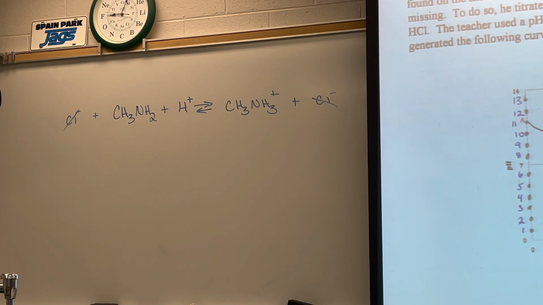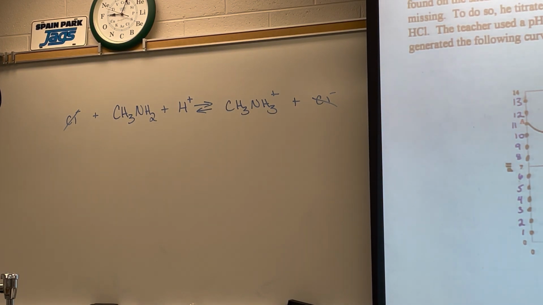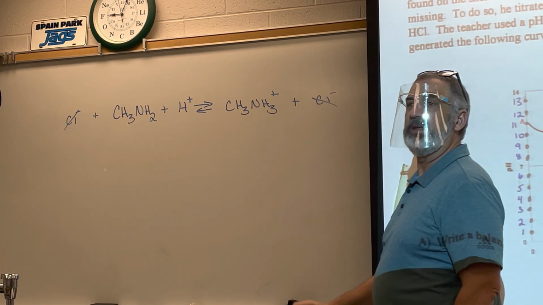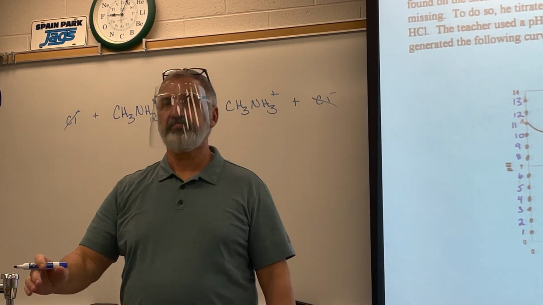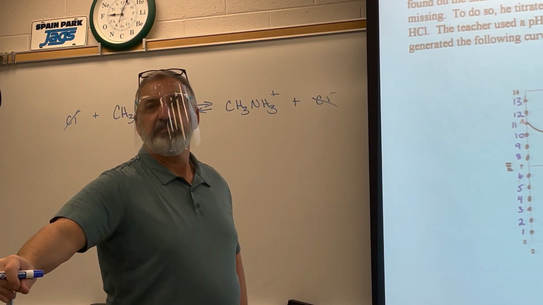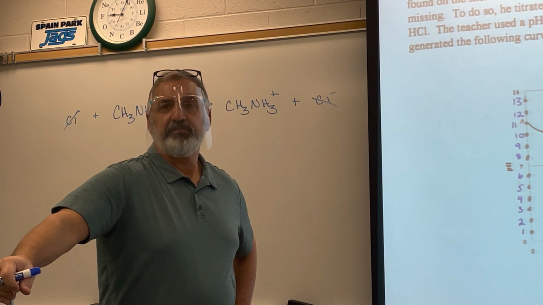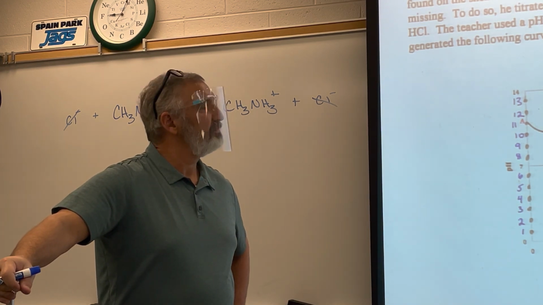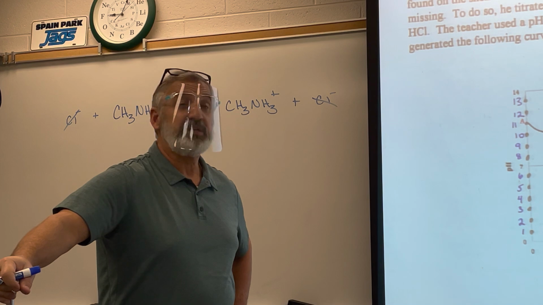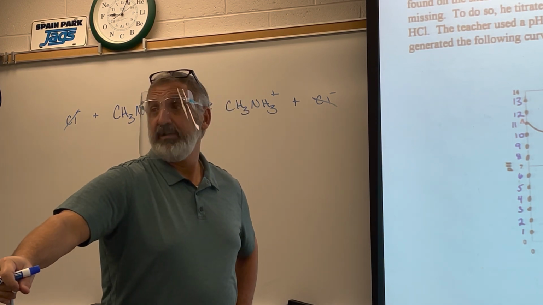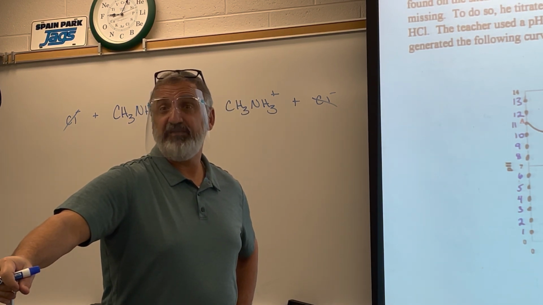Next question says, using the information above and the titration curve, determine the initial concentration of the methylamine. How can I find out what my concentration of methylamine is here? Say that again? MAVA equals MBVB, right?